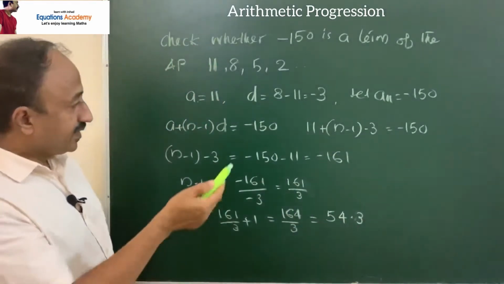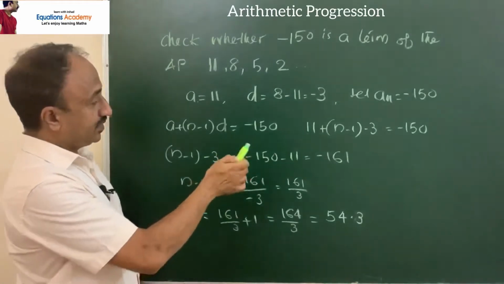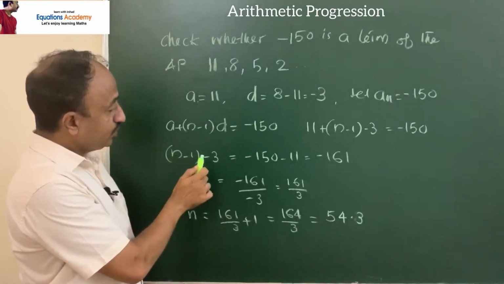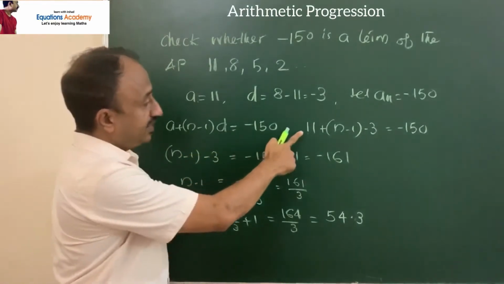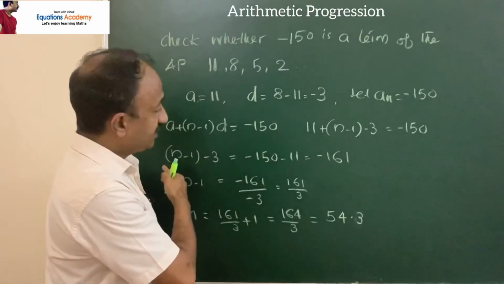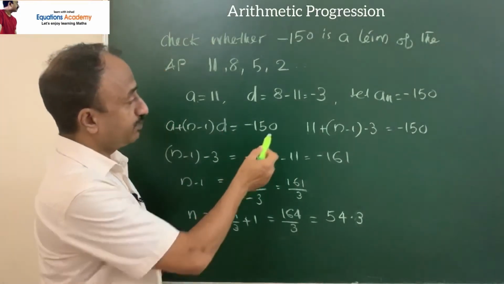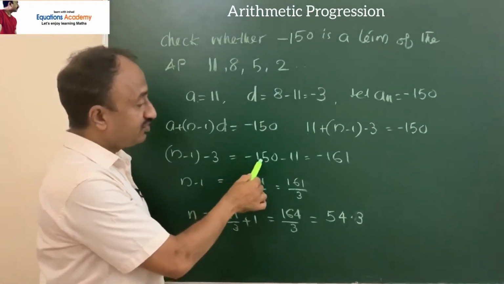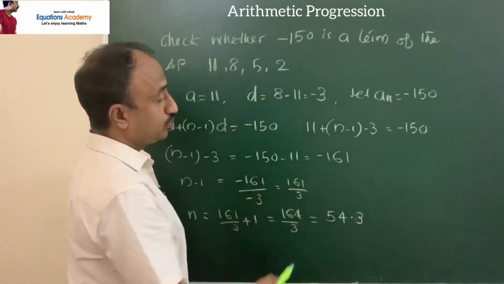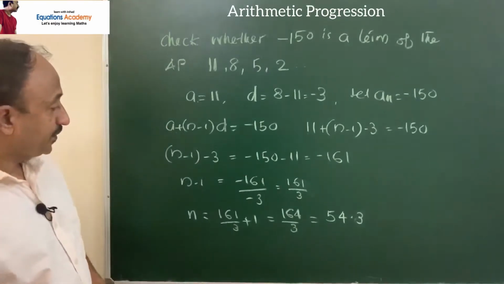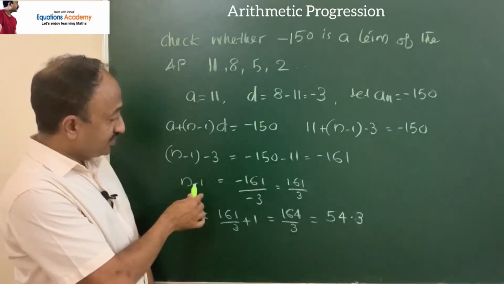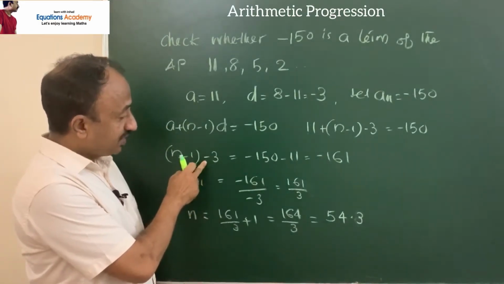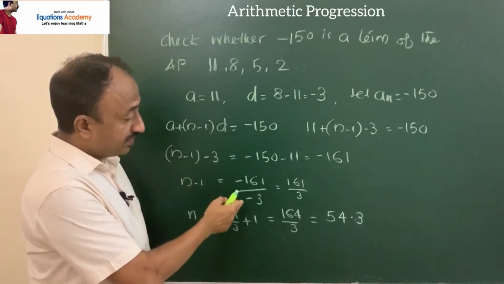So 11 plus (n minus 1) into common difference minus 3 is equal to minus 150. Next step, (n minus 1) into minus 3. The 11 we will take to right side. So the positive 11 will be minus 11. So minus 150 minus 11 is equal to minus 161. So we got n minus 1 is equal to this into 3. When it goes to right side, it will be divided by 3.